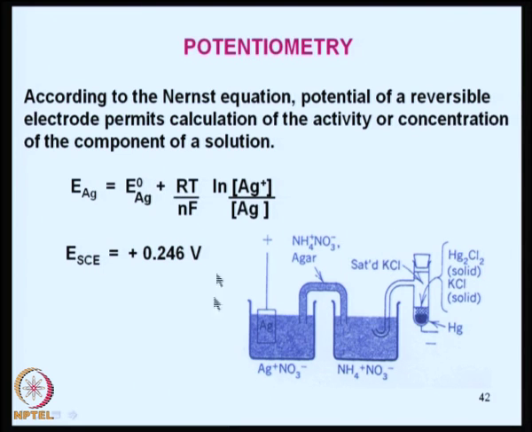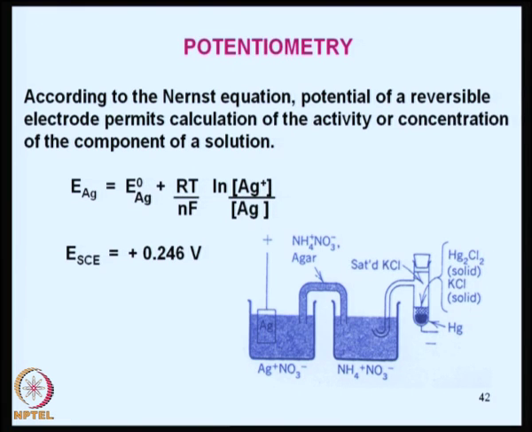So, this is the system. Now, I can write an equation like this: E_Ag, that is the potential of silver ion, is nothing but the standard electrode potential of the silver ion, E naught Ag plus, plus RT by nF ln oxidized state by reduced state.